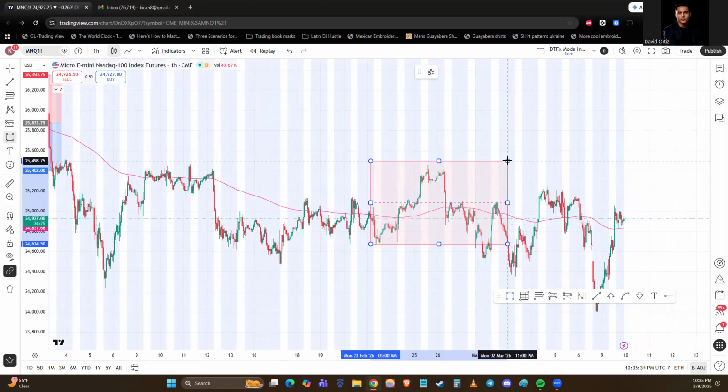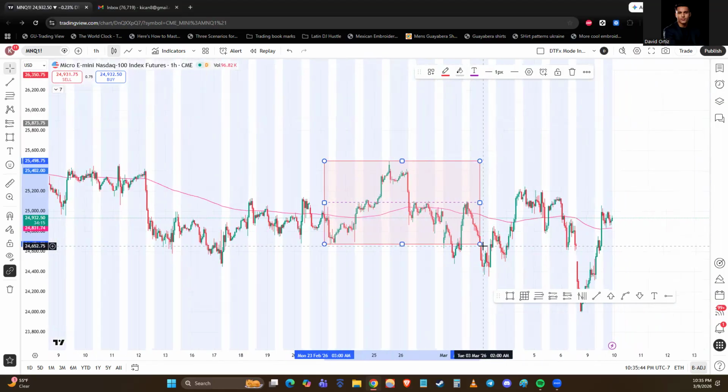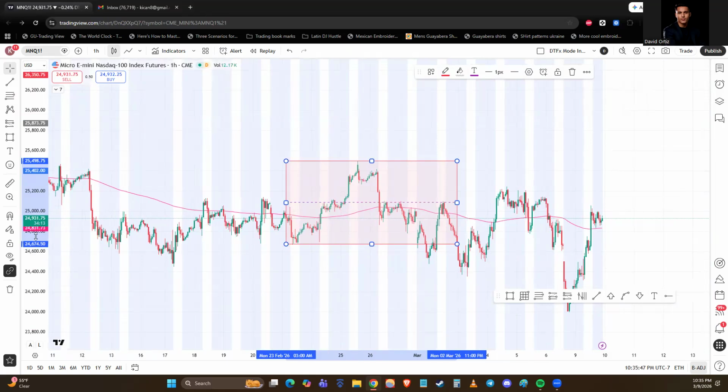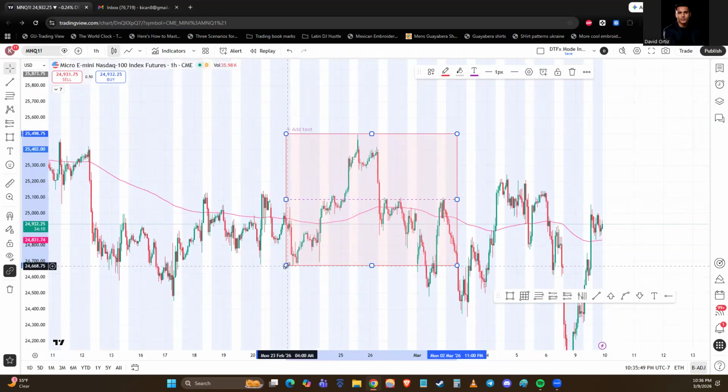So that's another swing point, because this is the bottom of it. It went higher, and then the candle closed below the box or below the swing point right here, or the price of this wick, okay?